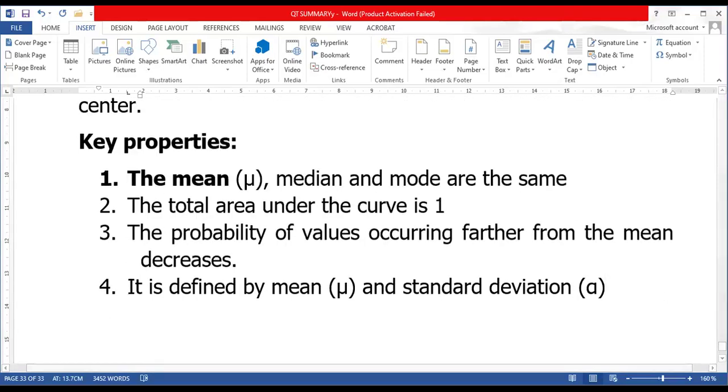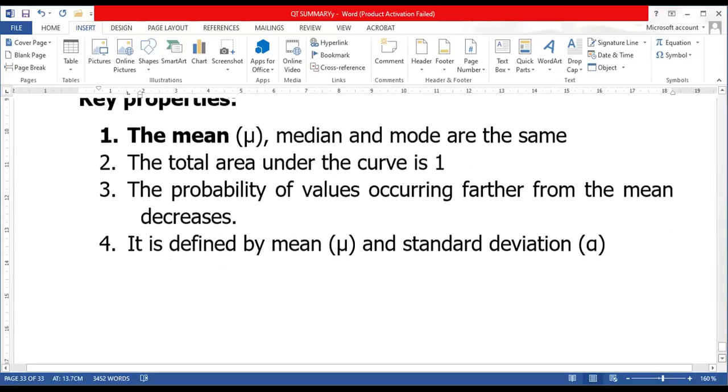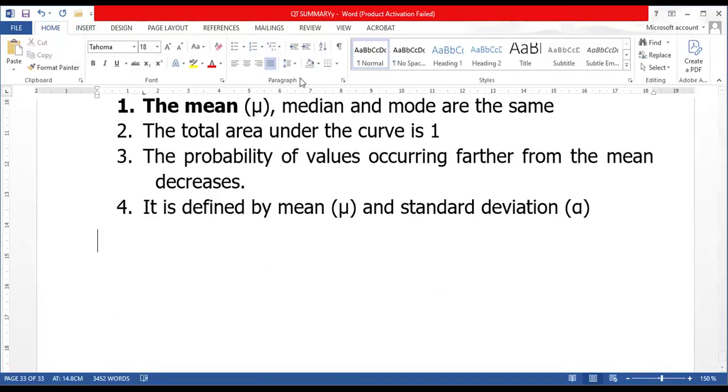There are others, but let me pause here. How are you going to approach the calculation questions around this area? Take note.